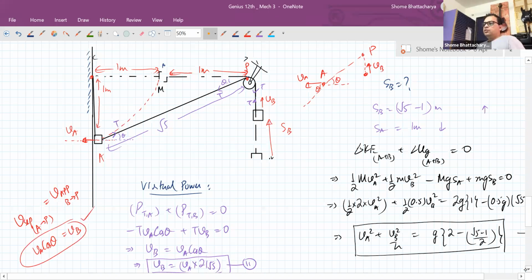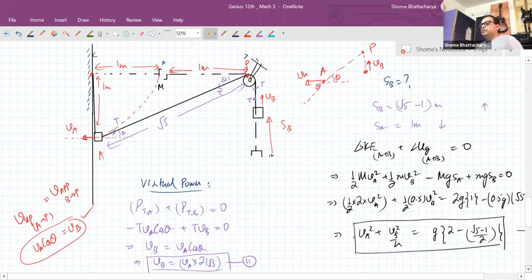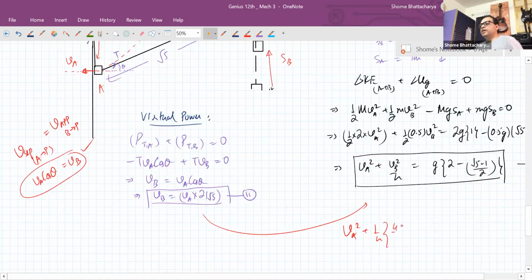Okay. Now all you have to do is solve these two equations. So here you substitute this. So you get VA square plus 1 by 4 into 4 by 5 VA square becomes equal to 9.8 into 2 minus root 5 by 2 plus half.